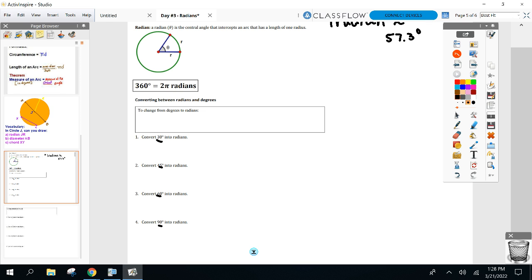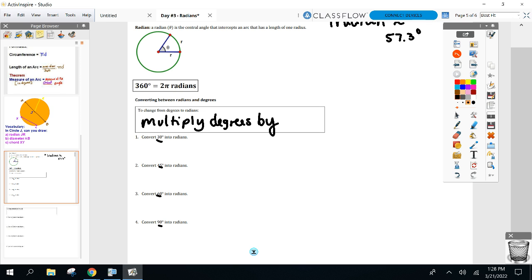How do you convert degrees to radians? You multiply the degrees by, and this is not something you have to remember because it's on your formula sheet. Everyone go back to your formula sheet and look in the second column where it says degrees.